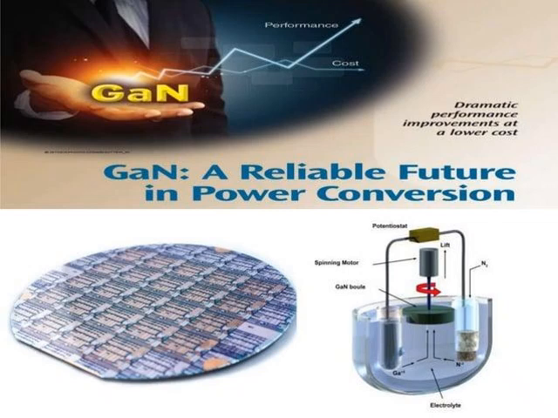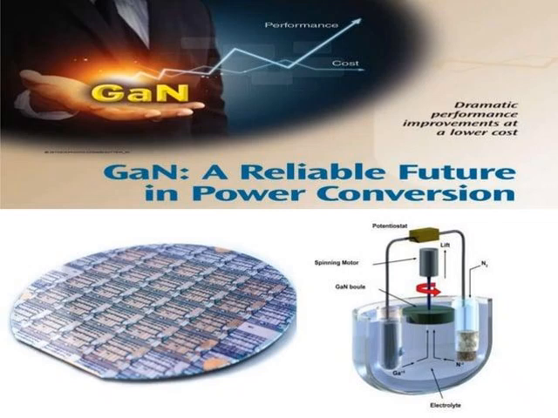Gallium nitride is a special material that is a reliable future in power conversion. In power conversion, we have to opt for a very special material, as we know that power conversion is a very critical thing nowadays, and we are relying more on renewable sources.